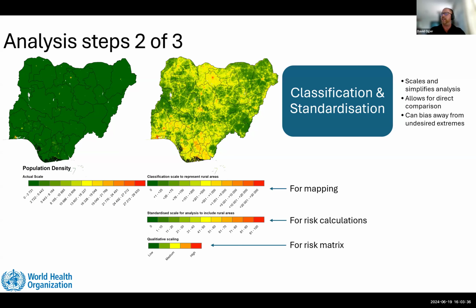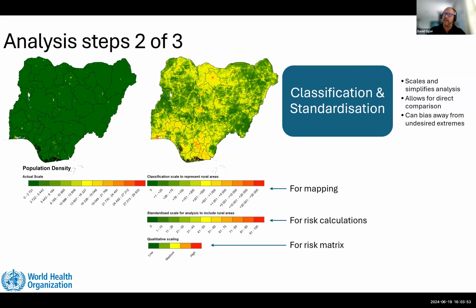I normally use this for pure mapping purposes, just because it does show the data quite a bit better. But once you've done that, you can also use that same classification for the risk calculations.